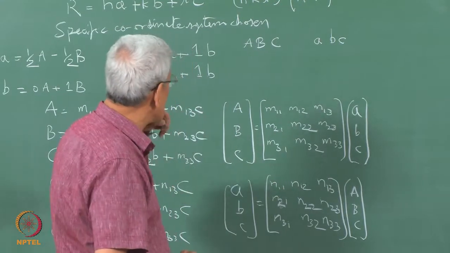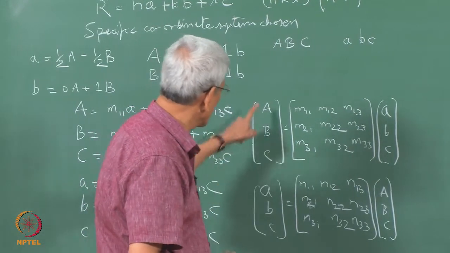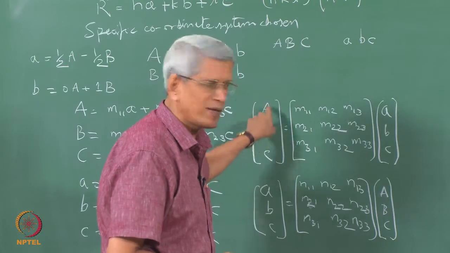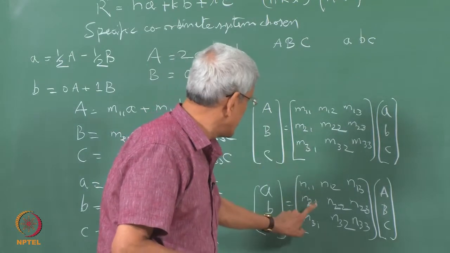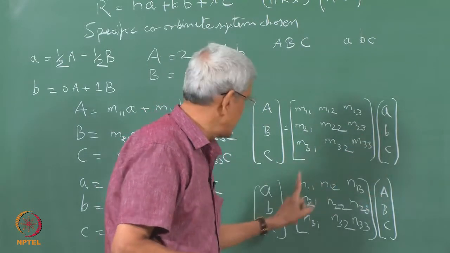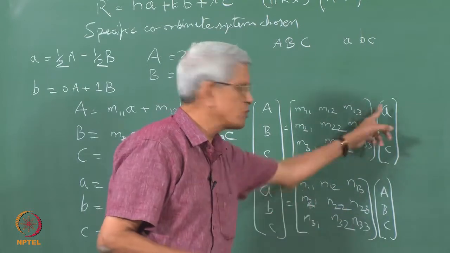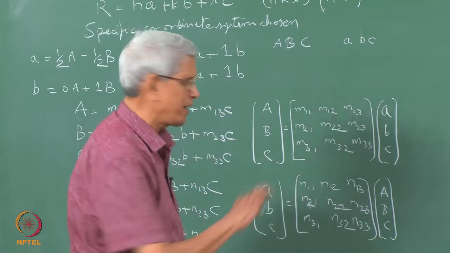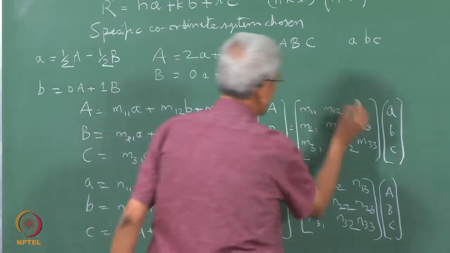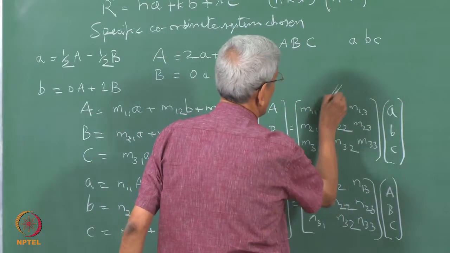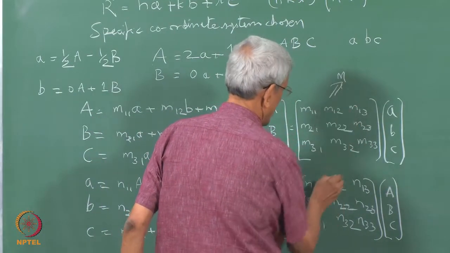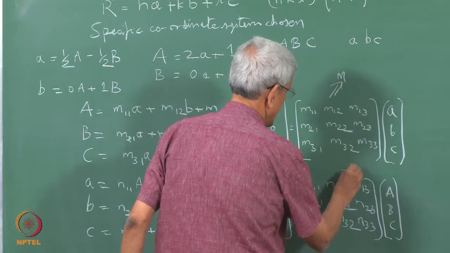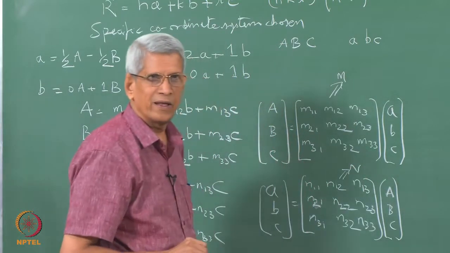Okay. Now, suppose I wanted to represent this in terms of ABC. Now, this ABC, if I substitute this one, what will happen? Suppose this matrix I put as M and this I write as N. Okay.